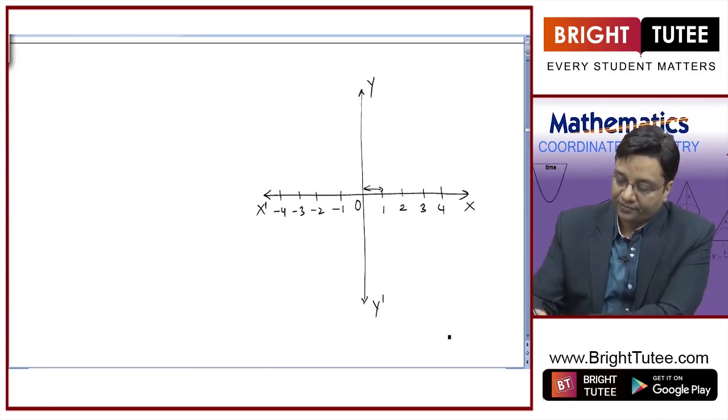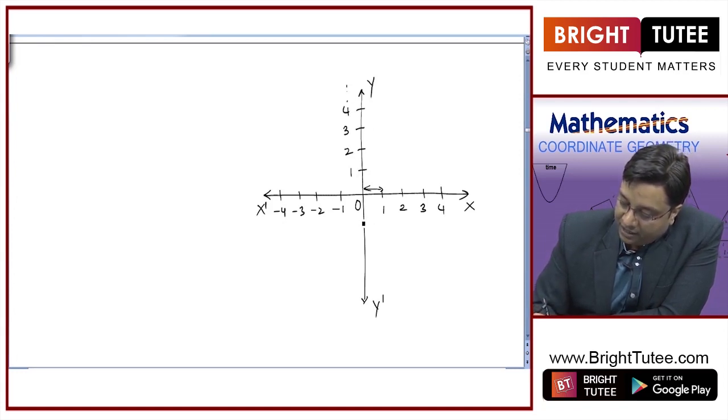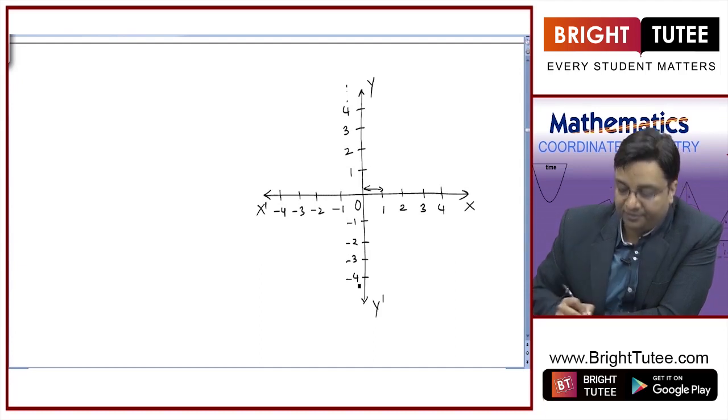So these are divisions of 1 centimeter each on x-axis. Similarly, on y-axis, upwards direction, we will have the positive direction of y-axis, so 1, 2, 3, 4 and so on. Downwards, we will have the negative direction of y-axis, so negative numbers will be here.